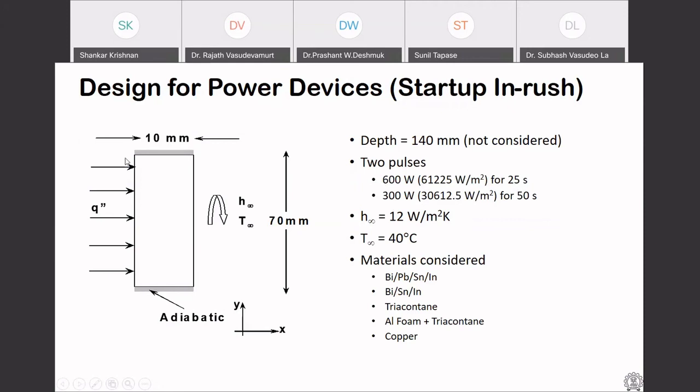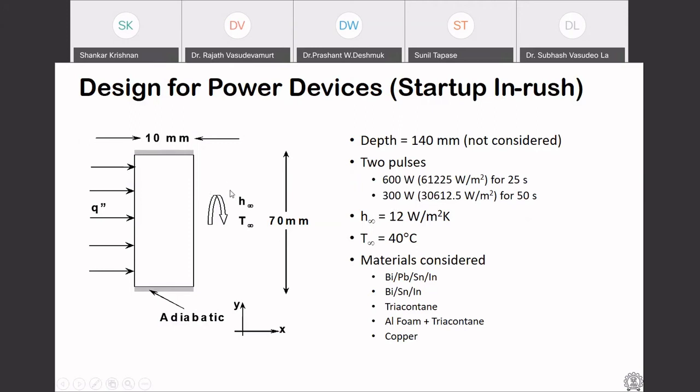Because the area is fixed, the depth is into the page, the depth is 140 millimeters, and the height is 70 mm. So the flux is twice in the case of 600 watts compared to 300 watts.